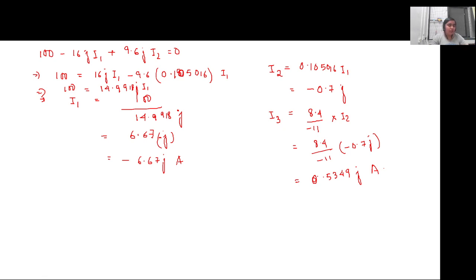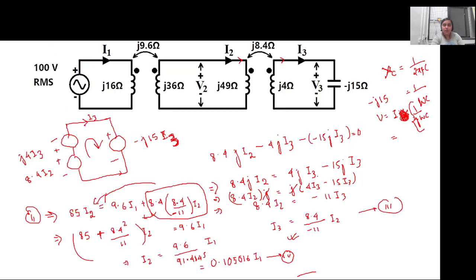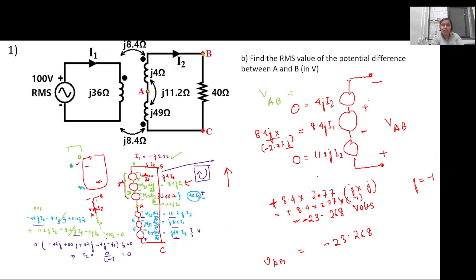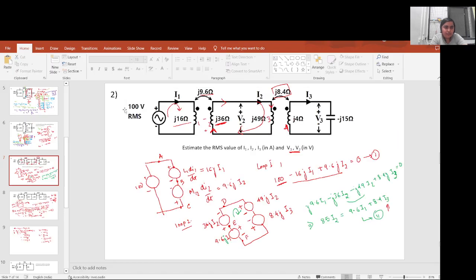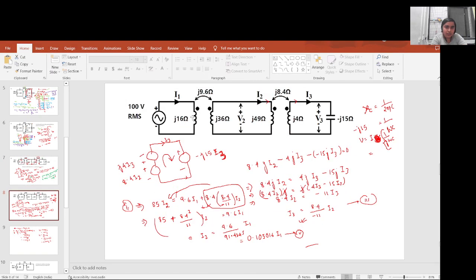Okay. So now in the question it is asked you have to calculate the potential. Sorry, this is the previous question, right? So V1 and V3 also you have to calculate. So you have all the currents now and you know what will be the voltage drop across the inductor. So V1 and V2 you'll be able to calculate, right? So let me copy the circuit.